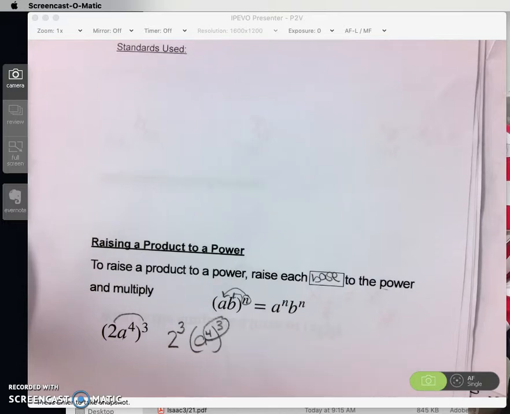So here again I can multiply those together, and 2 to the 3rd power is 8, so a to the 12th power.